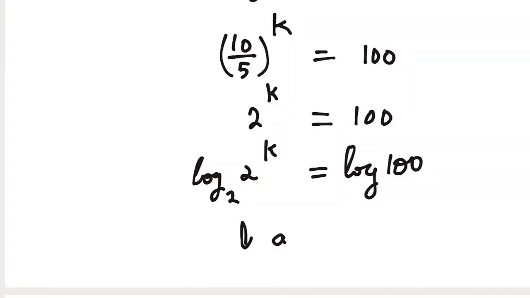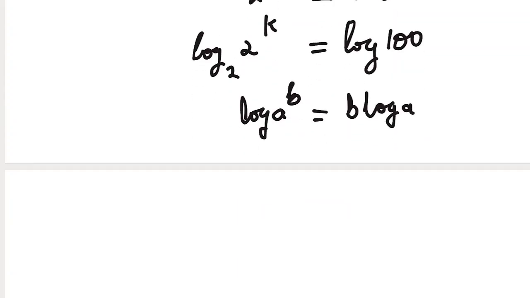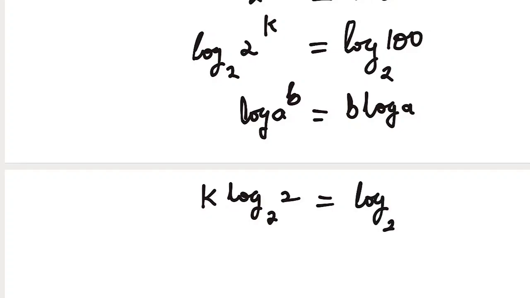When you have log of a to the power of b, you know that this is going to be b log a. So the k comes down and multiplies log base 2 of 2, equals log base 2 of 100.